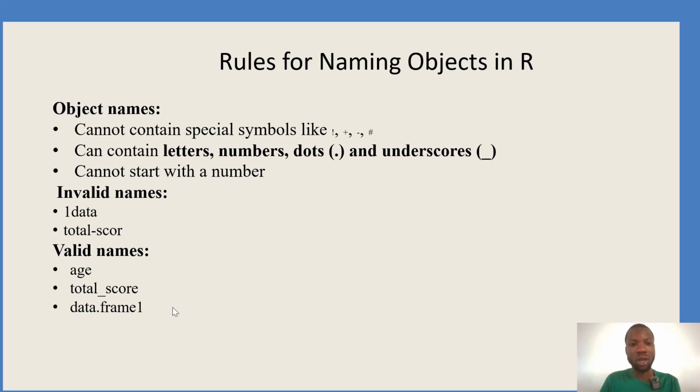Some rules we follow when generating an object: it cannot contain special symbols like exclamation, plus, minus, hashtag. Those special symbols, like mathematical operations, are not allowed when creating the object. It can contain letters, numbers, dot, and underscore, but it cannot start with a number.